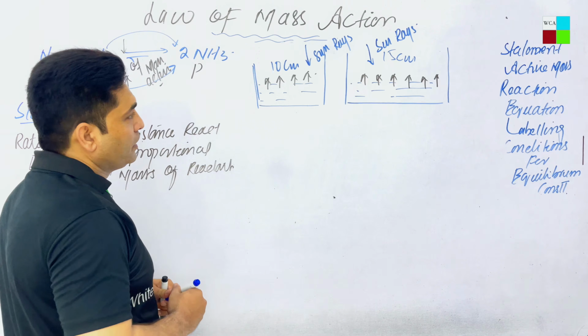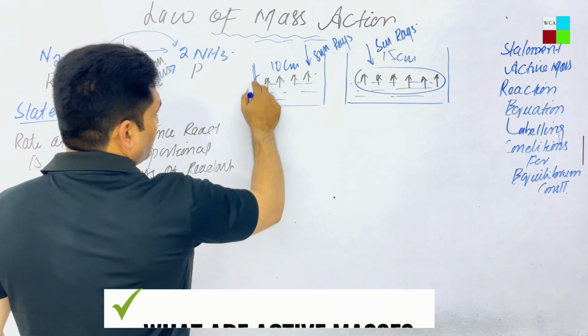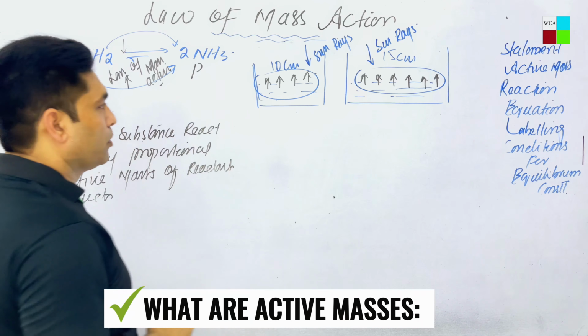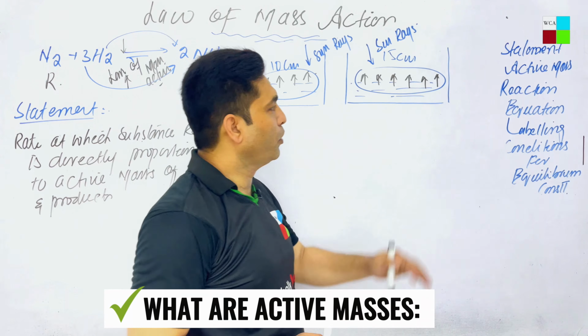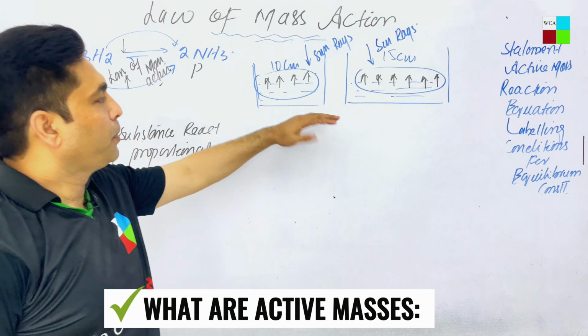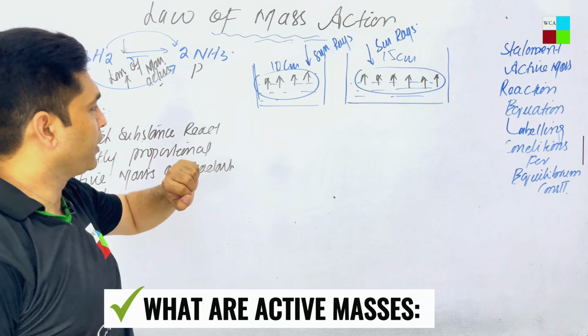So what is meant by active masses? These are the particles playing an active role, because they are responsible for the process of evaporation, while the rest of the particles lie beside or beneath these surface particles.